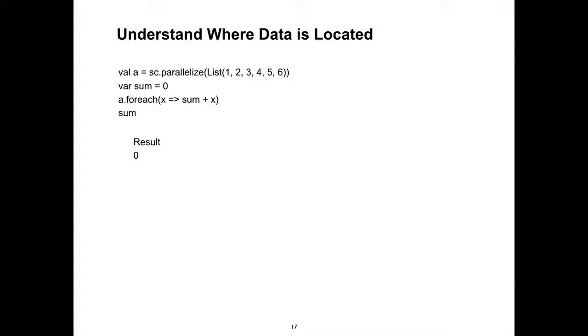And where is that sum? It's on the master, right? And so what's happening here is when you execute, the local machines get a copy of the environment in which it is executed, so it gets a copy of sum. So each worker node gets a sum. It adds their part of the list to the sum, but they're on local machines, right?